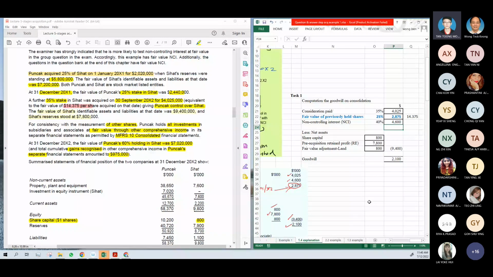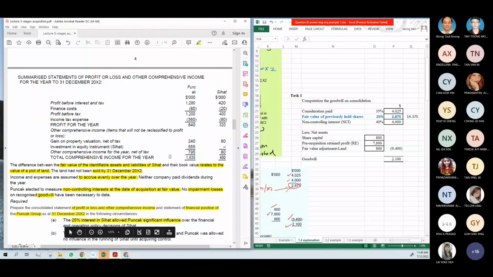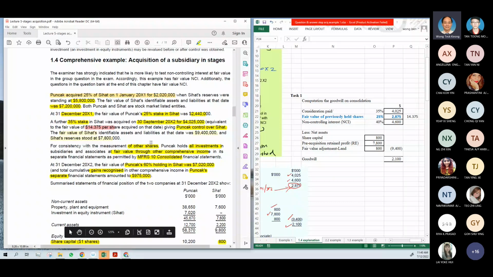I still cannot understand why the fair value adjustment for land is 800. Okay, so you go to the question. The question told us. First, you see again under this paragraph, a further 35% stake in Sehat acquired.